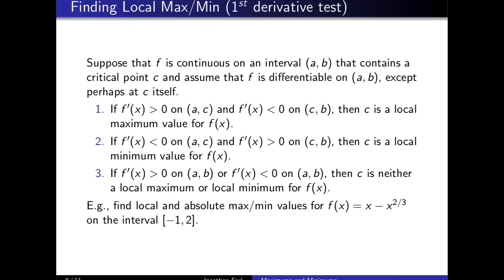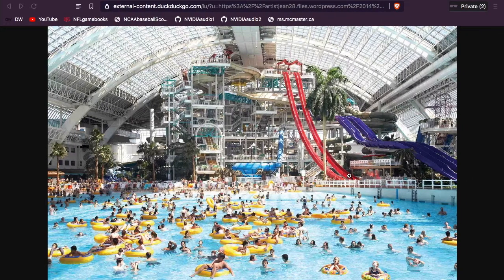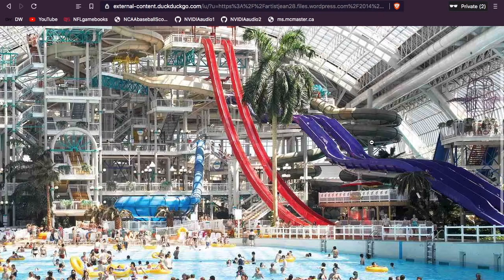Okay, and the third possibility I'm going to illustrate nicely with water slides. If I remember right, this is the world's largest indoor water park, in the mall in Edmonton, Alberta. There's this purple water slide over here, and the way it works is that you start up here, go down a bit, plateau, then start going down again, plateau, and then finally go down into the finishing pool.